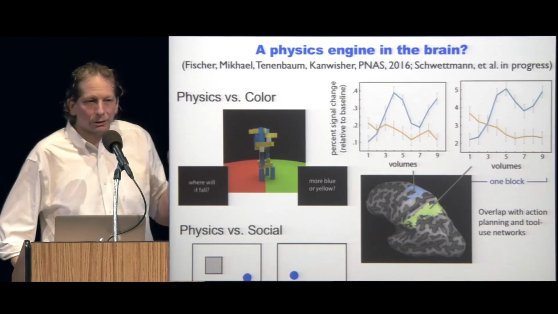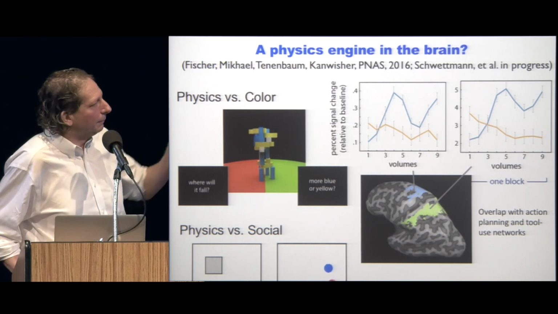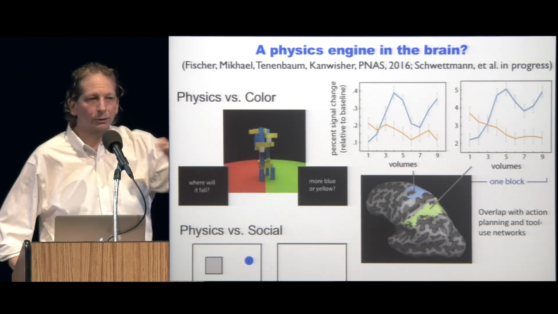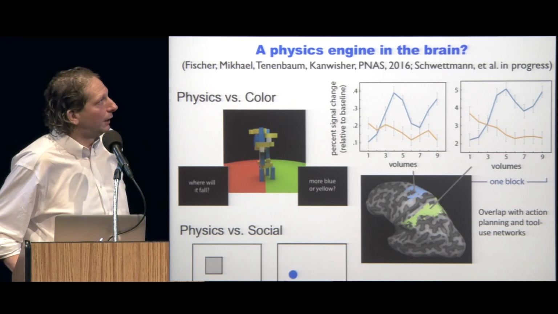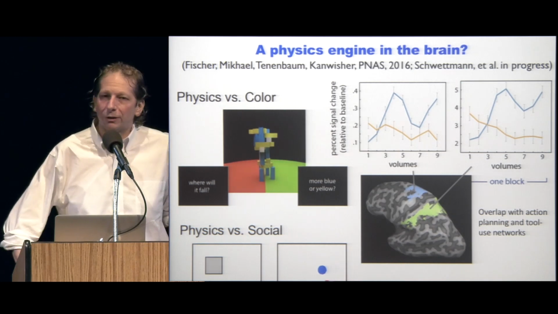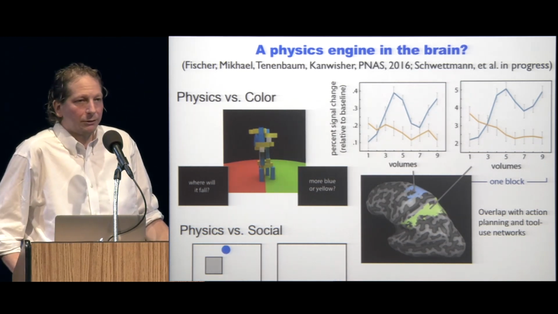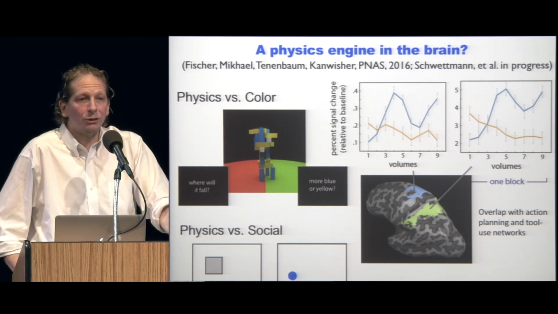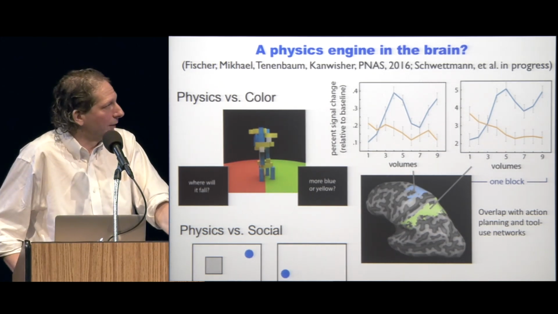Now, to actually start to bring the brain into the picture, here I want to point to some work that's mostly been going on in Nancy Kanwisher's lab, my colleague, who I think you'll hear from on the panel later, in a paper that was led by Jason Fischer, who was a postdoc with her and is now faculty at Hopkins. And I also want to point to some new work that Sarah Schwettmann, who's a PhD student with Nancy and also with me, is doing.